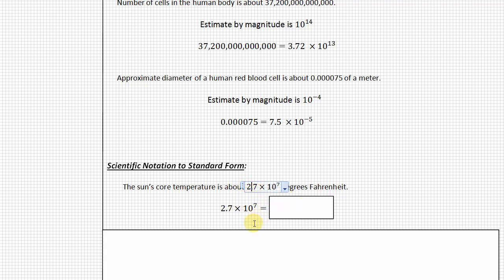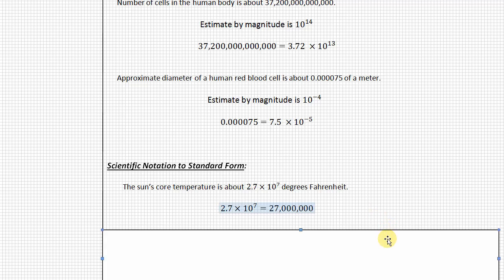And so if the decimal point is right here, and we have a power of 10 of 7, then that means we need to move the decimal point from here 7 places to the right. And so 2.7 times 10 to the 7th power is going to be 27 million, because there are now 1, 2, 3, 4, 5, 6, 7 places behind that 2.